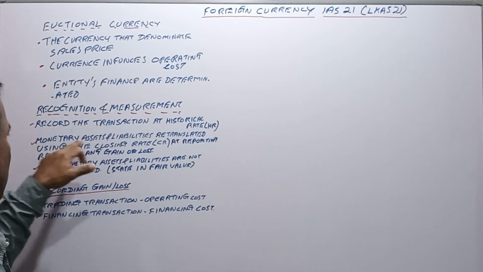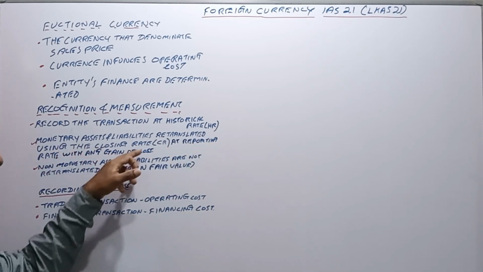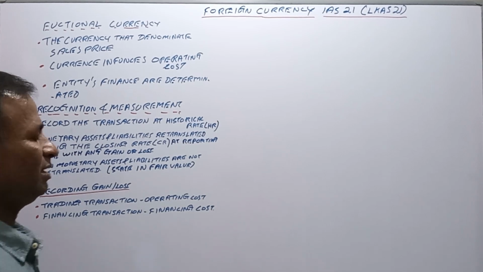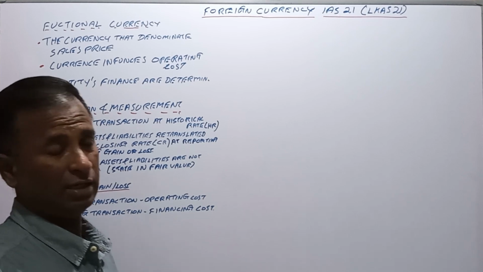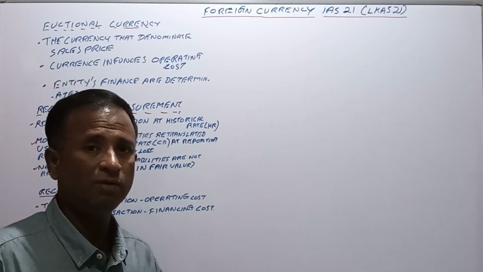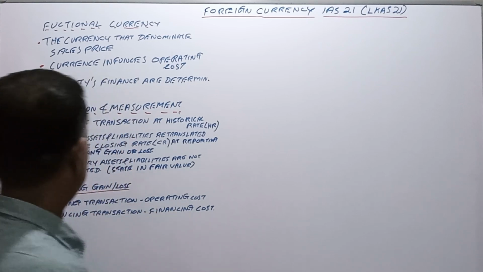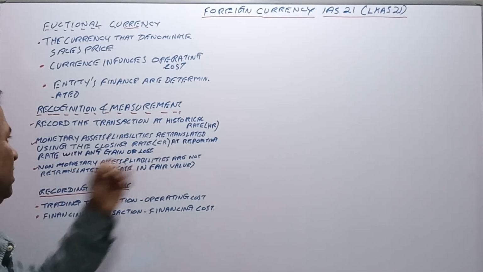Monetary assets and liabilities are translated using the closing rate, that is, the rate prevailing at the reporting date, called the reporting rate or closing rate, right?